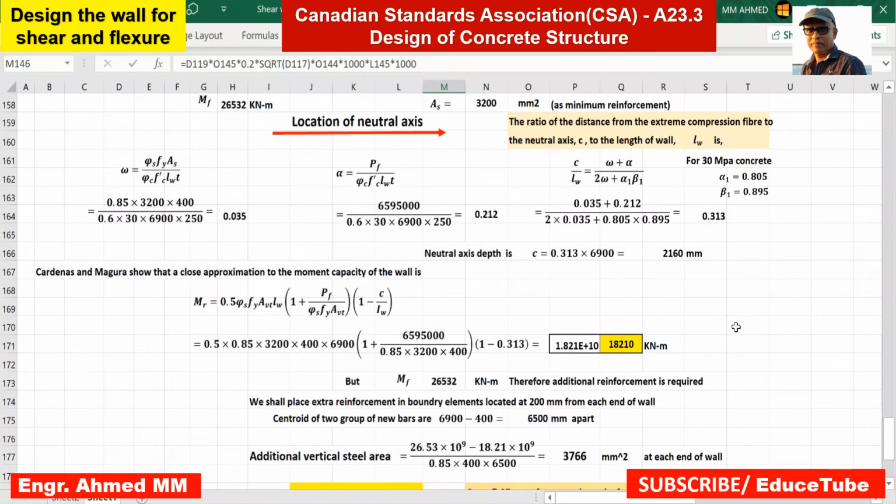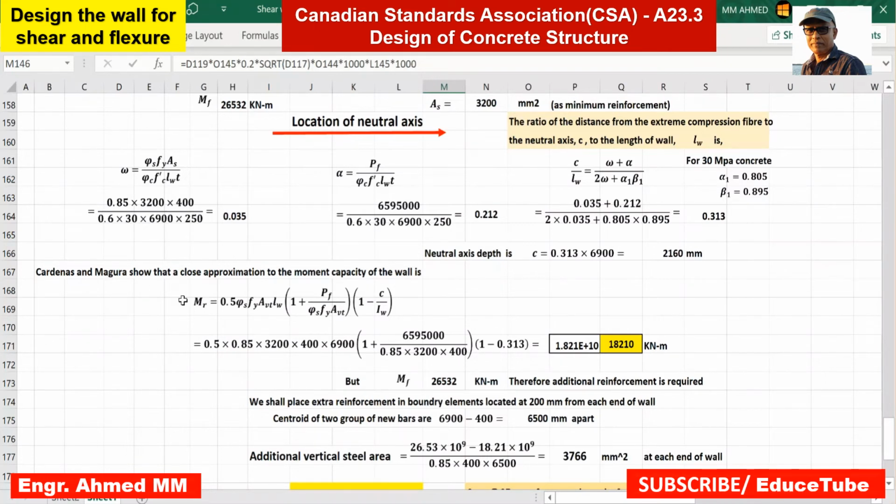Now, to find the moment capacity, actually it is an approximate equation, and this equation is proposed by Cardenas and Magura.